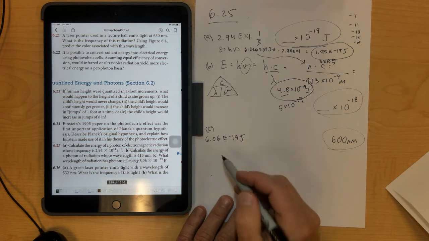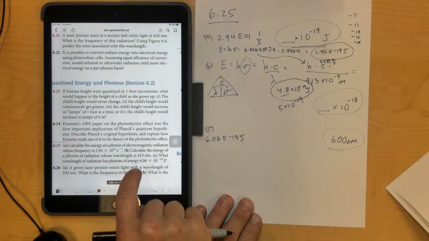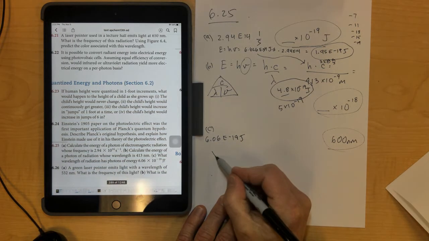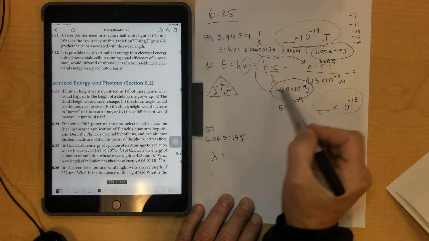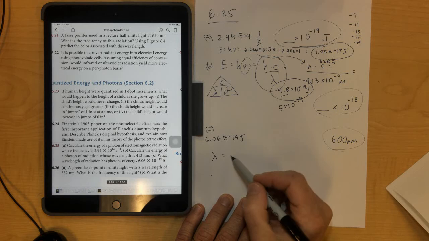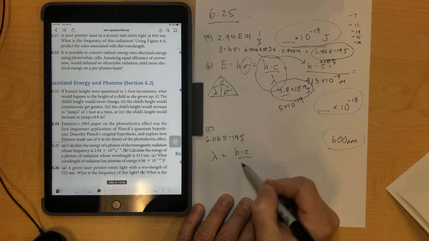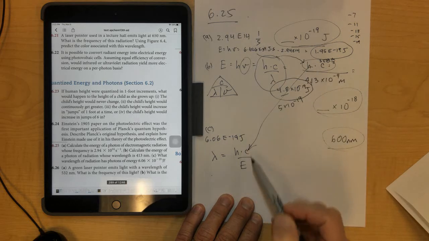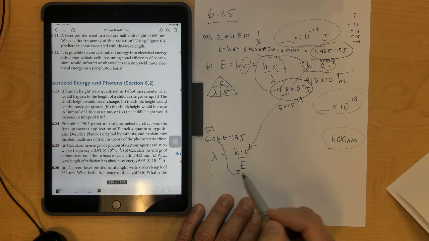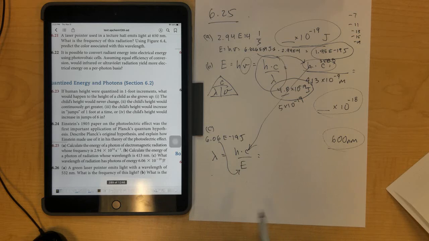And then letter C, it asks what is the wavelength of radiation. So if you solve this equation for wavelength, wavelength would be equal to h times c divided by E. So hc we know from right up here. Plug those in, and then we put the energy in down here. Plugging those numbers in and doing the math on your calculator, make sure to use your exponents correctly.